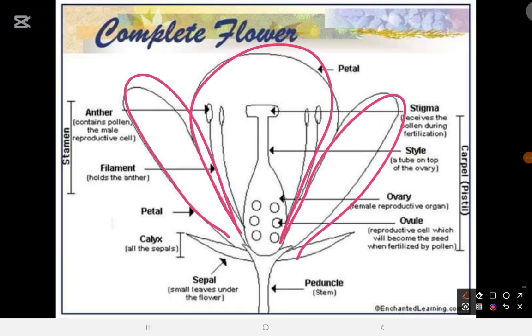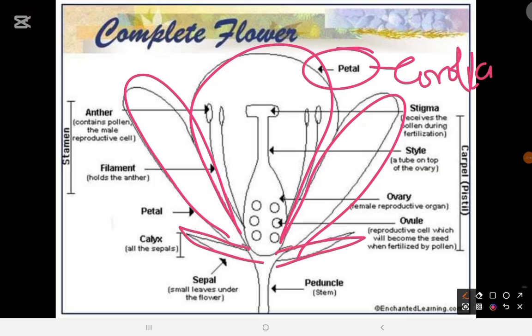Now remember the group of petals, we said they are called what? Corolla. And the group of sepals, you see the sepal is reduced here, because the flower has become mature, so the sepal no longer serves the function of protecting the flower.